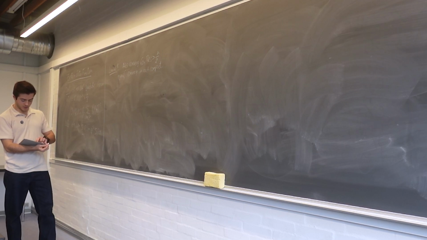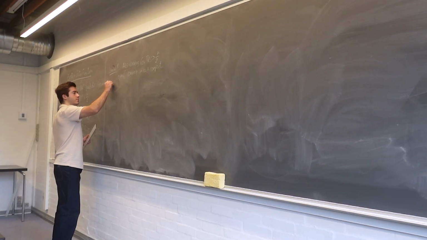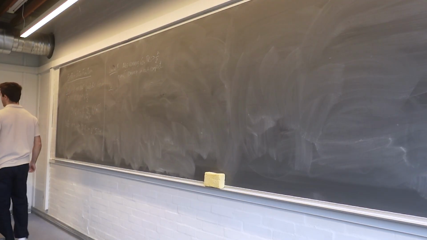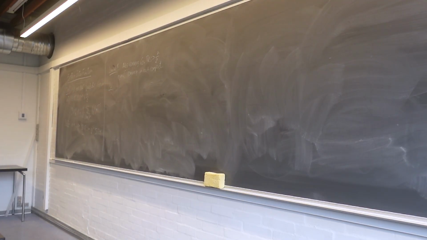To prove this, I'm going to use a lemma, which I'll write here because I don't want to use that space. This lemma is about the number of lattice points inside the ball of radius r.